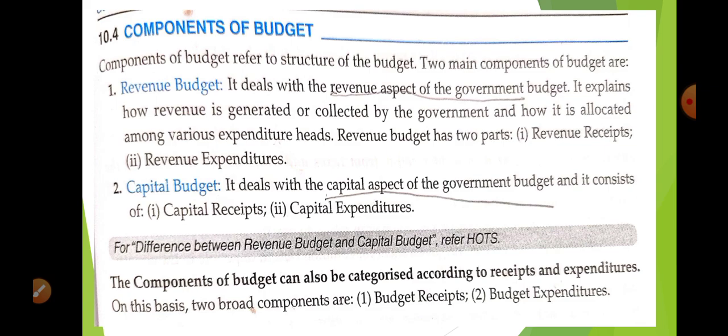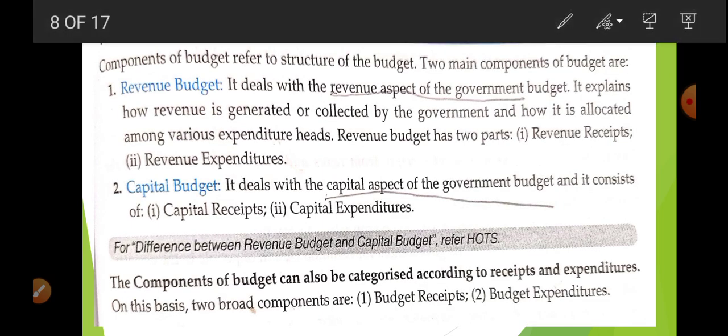Now, components of the budget. If we talk about the government budget and its components, it has two parts. First is the revenue budget, second is the capital budget. In the revenue budget, there are two parts, revenue receipt and revenue expenditure.